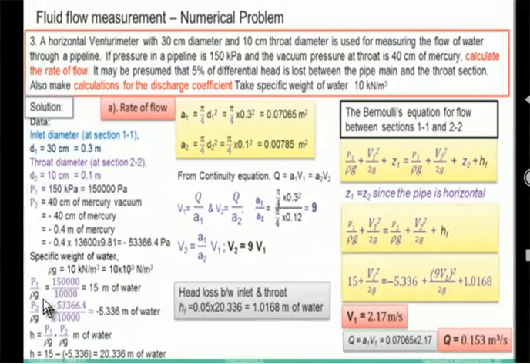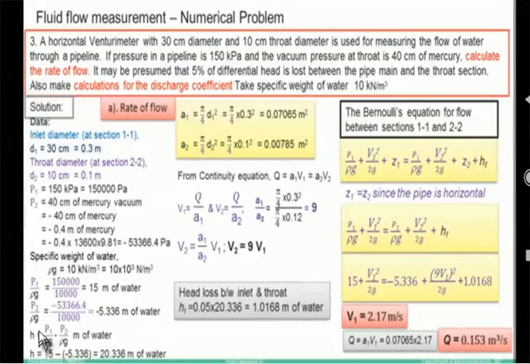Now P1 by rho g: P1 is 1,50,000 pascal divided by rho g, that is 10,000, then it becomes 15 meter of water. Similarly, P2 by rho g is minus 53,366.4 divided by 10,000, then it becomes minus 5.33 meter of water. Okay, so these two are P1 by rho g and P2 by rho g.